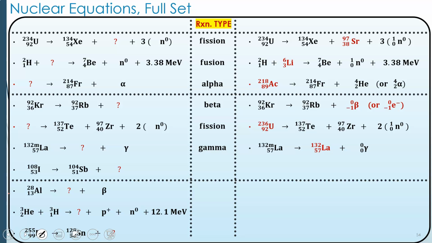Next example, iodine-108. And this produces an element whose symbol is Sb, and actually there are 3 different pronunciations for the element whose symbol is Sb. The American English typically pronounces it as antimony.